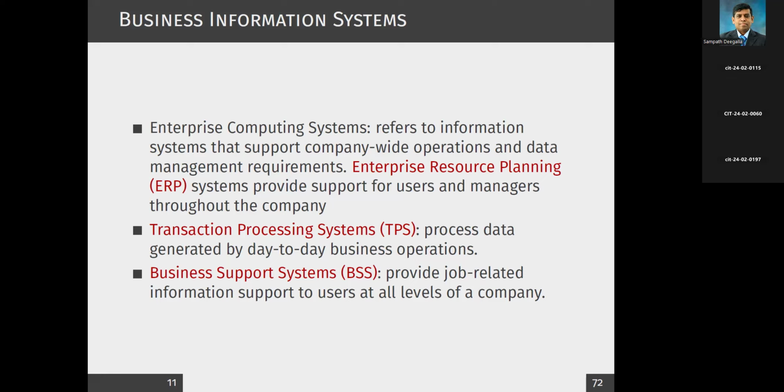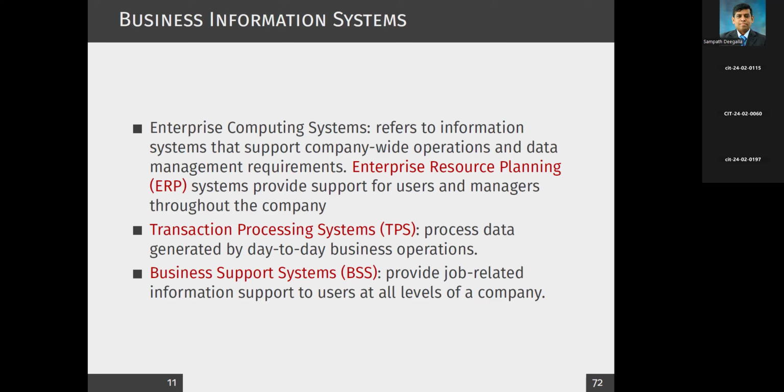Then we have business support systems, right? So when you say business support, it means there are some software systems we develop to support various different types of users, right? For example, we can have a student management system. So when we say student management system, we can facilitate the users who are managing students, right?